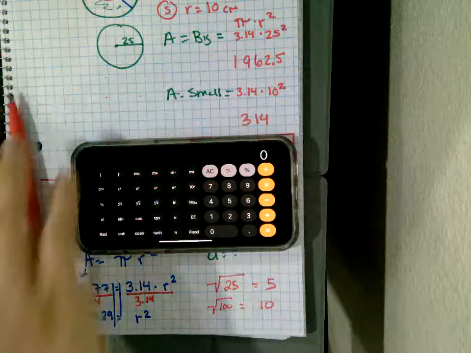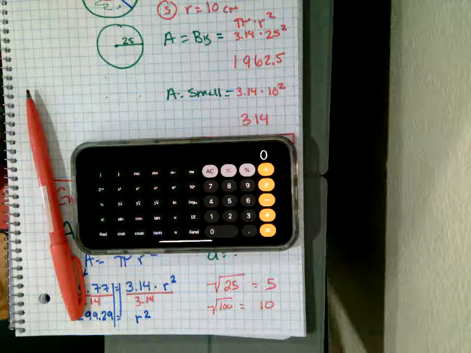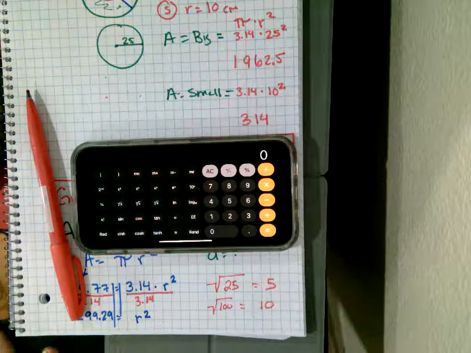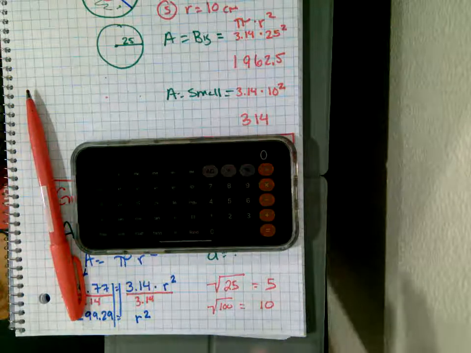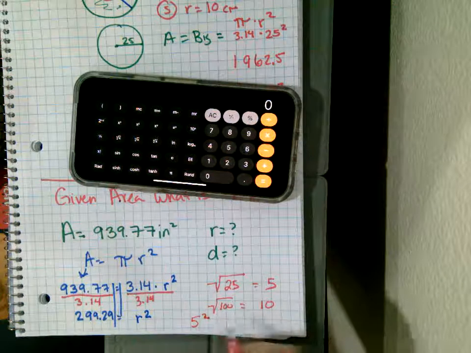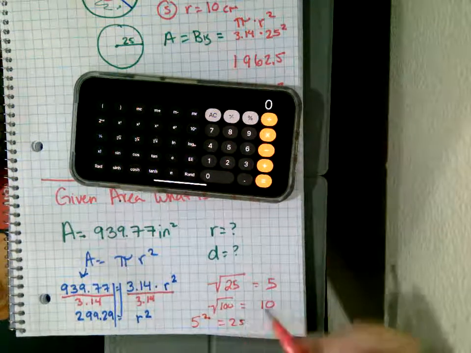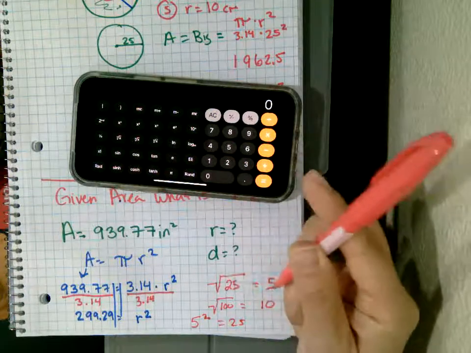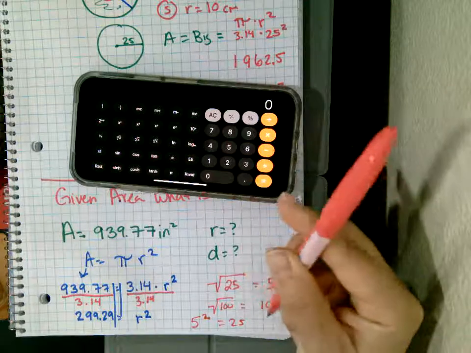So you know how we teach you, what's the opposite of adding? Subtracting. What's the opposite of dividing? Multiplying. And vice versa. Here, the opposite of 5 squared, which is 25, is to do the square root. The square root of 25 is 5. The square root of 100 is 10.